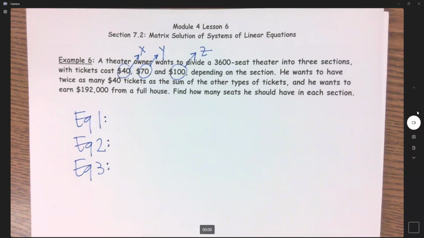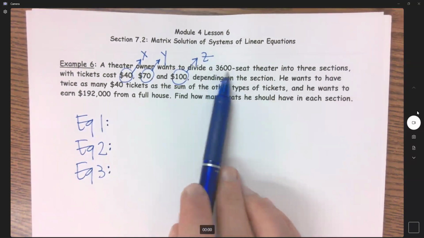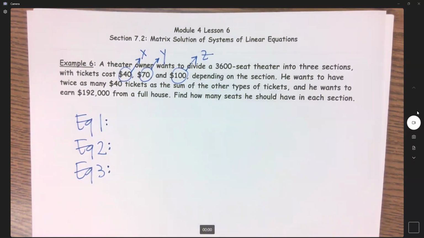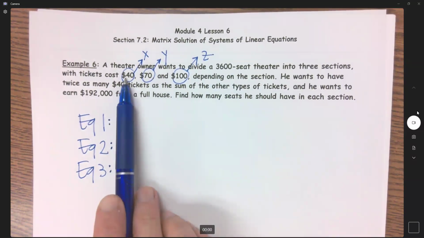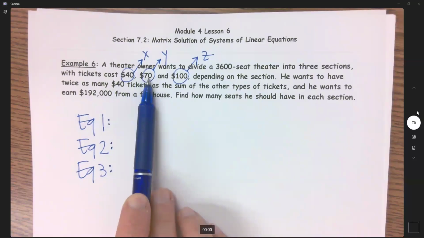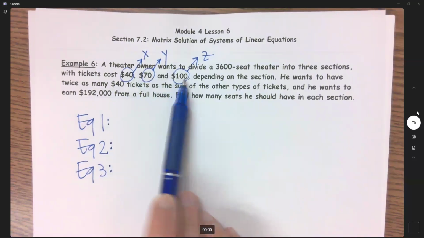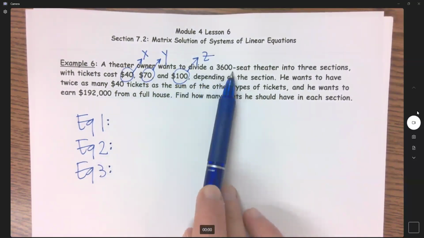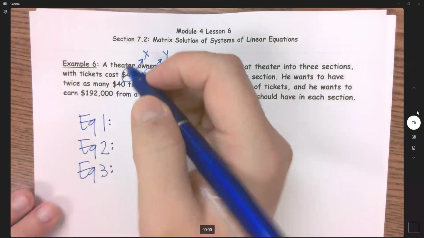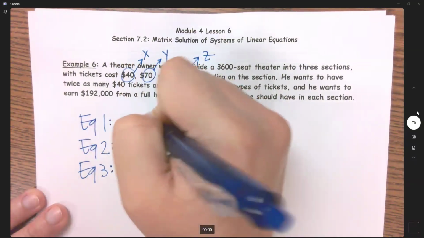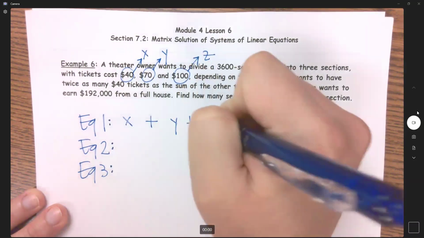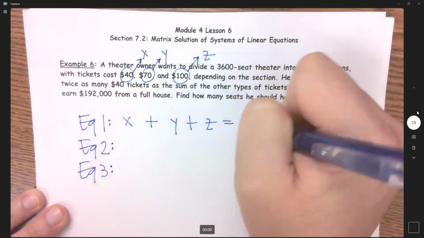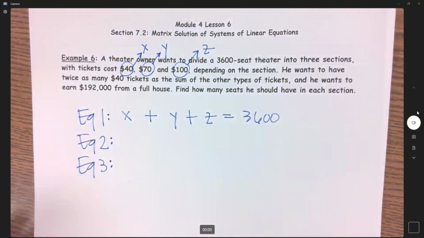My first equation has to do with the total amount of seats. When I add up the seats for $40 tickets, $70 tickets, and $100 tickets, I should have 3,600 seats. So my first equation is X plus Y plus Z equals 3,600.